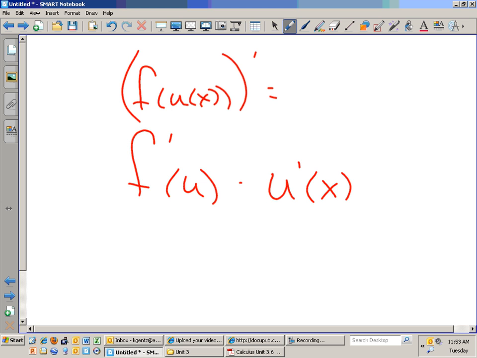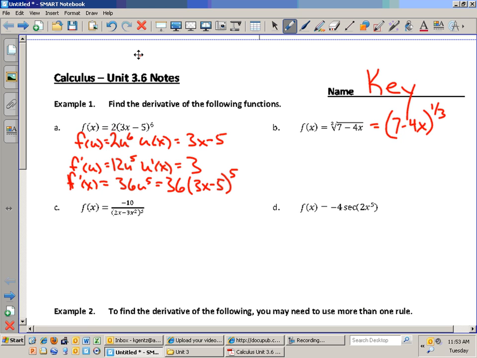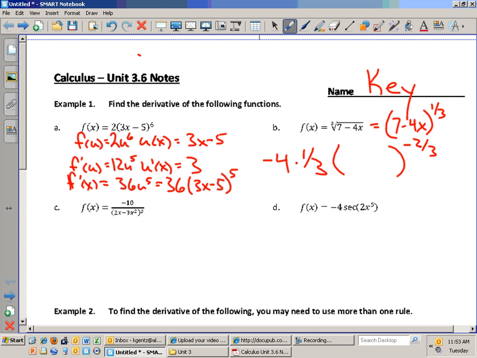The derivative of the inside times the derivative of the outside with the inside left alone. So watch Sean Laurie's method, see if you guys like it. What's the derivative of the inside? -4 times, what's the derivative of the outside? 1/3 u to the, and what is u?